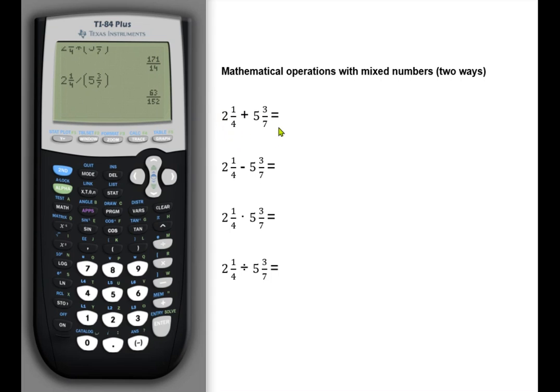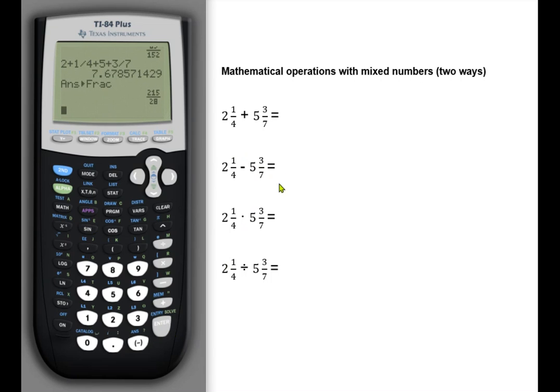Let's start with addition. You can enter mixed number as 2 plus 1 over 4, and then you add 5 plus 3 over 7. Hit enter, and you can convert decimal number into fraction.